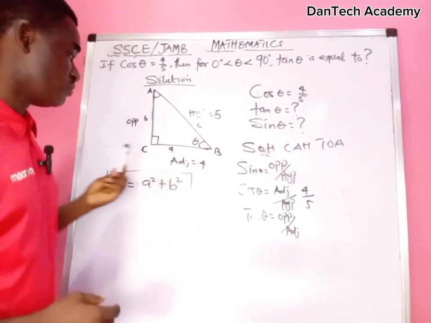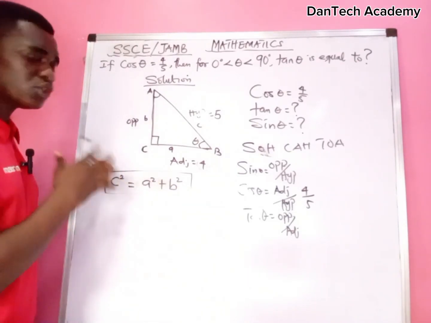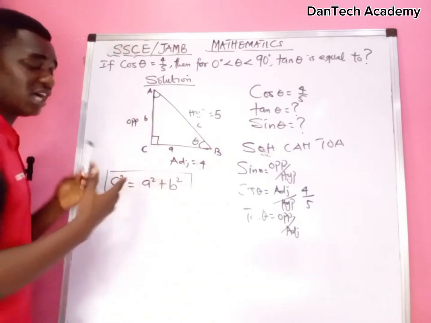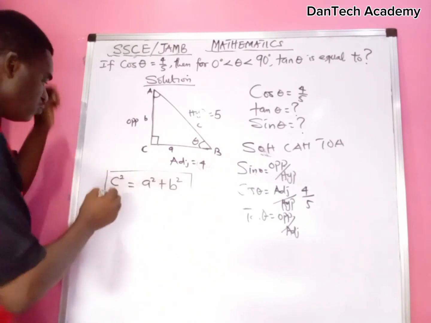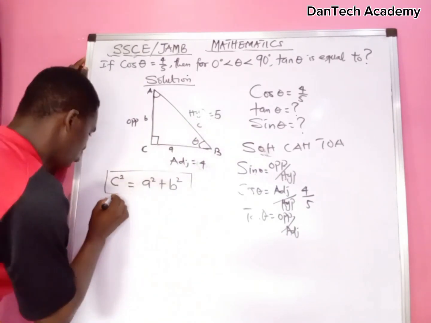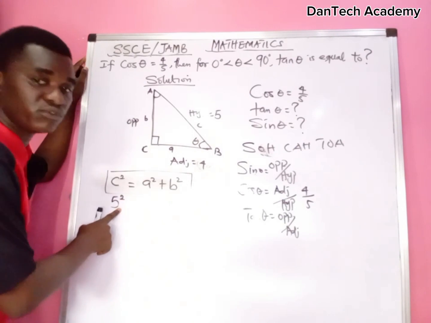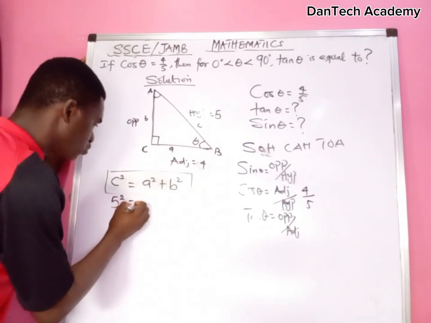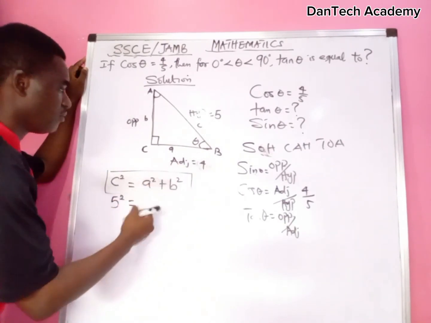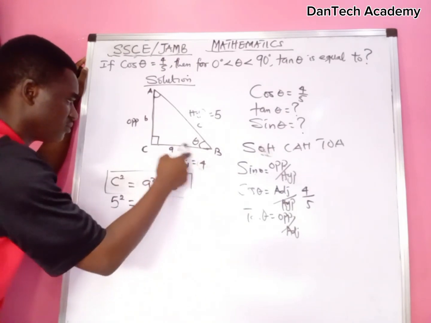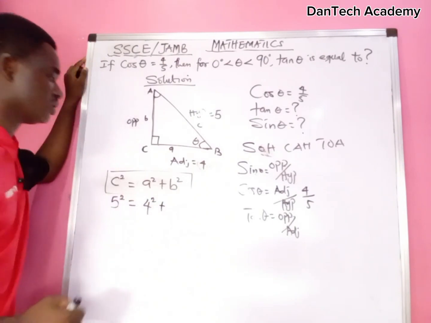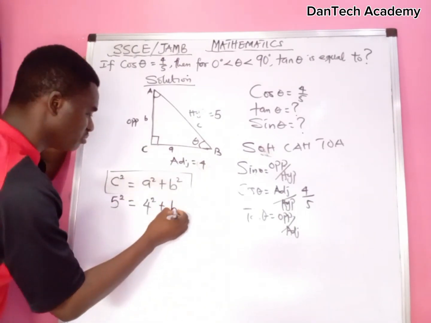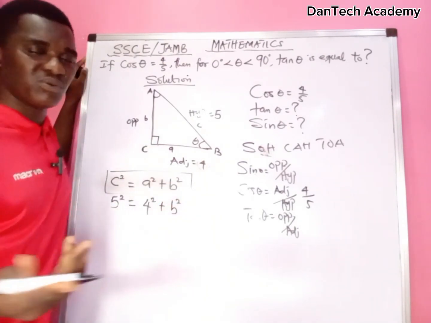I'm using Pythagoras theorem here just to look for this side b, which happens to be the opposite. I know this one here is 5, that's 5 to the power of 2, equals to what is a? a is 4. That's 4 square plus b square, which is what we're looking for.